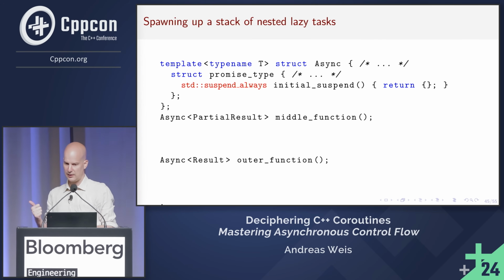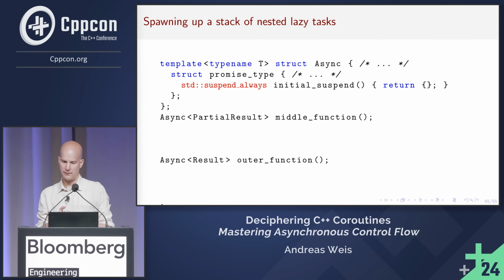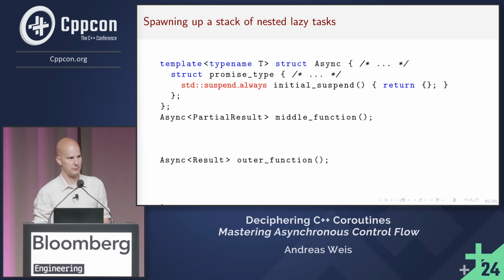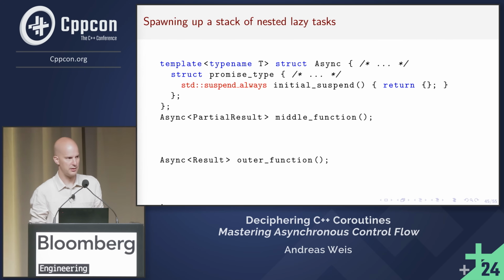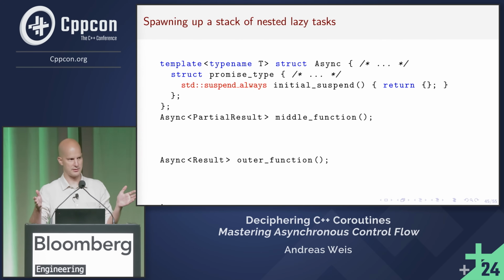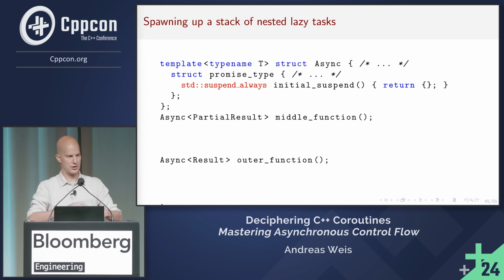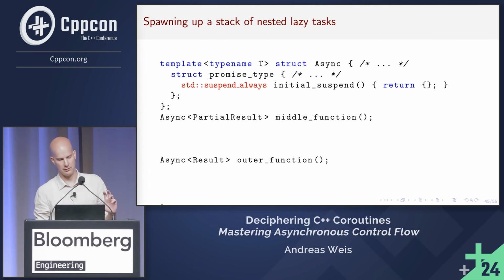So really we want to spawn all of these tasks lazily. We want to suspend always on the initial suspend so that we have a chance to build up this data structure and propagate all of this information through.